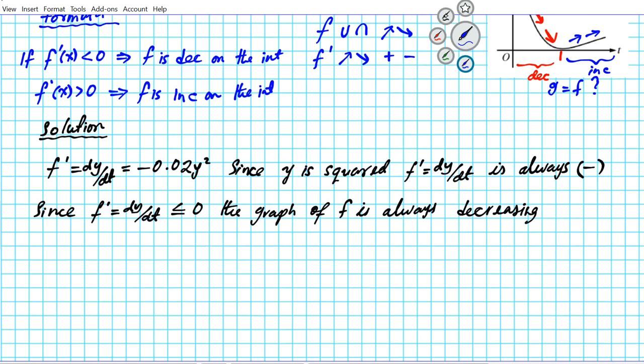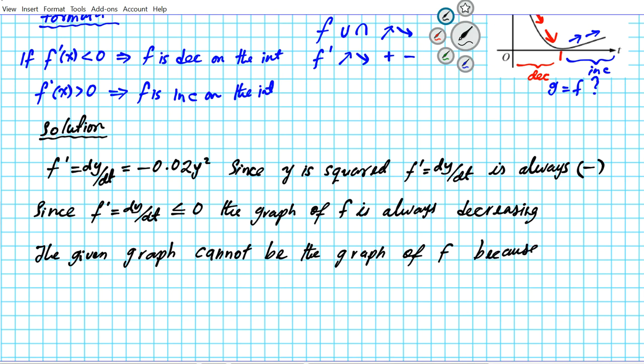So let's go ahead and write down our conclusion. The given graph cannot be the graph of f. Why?